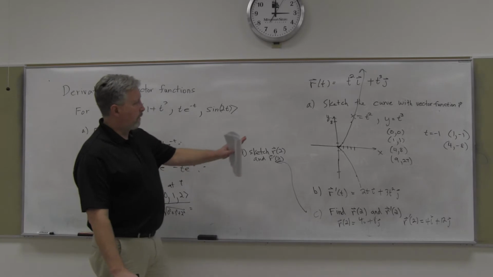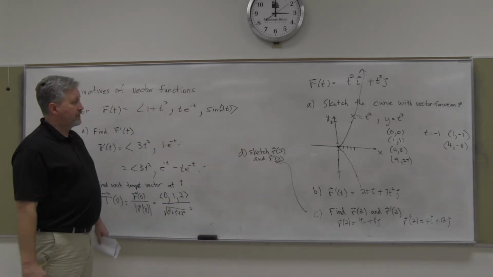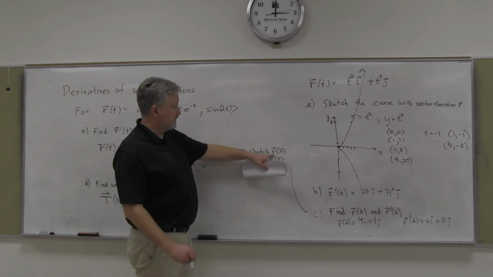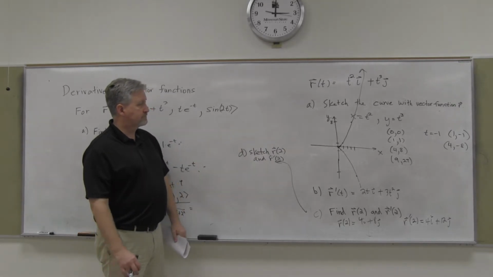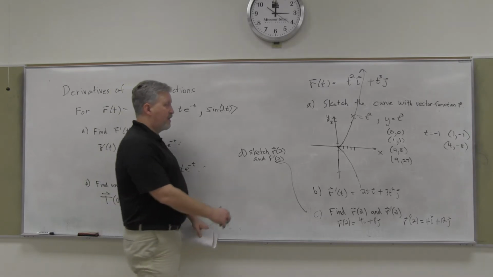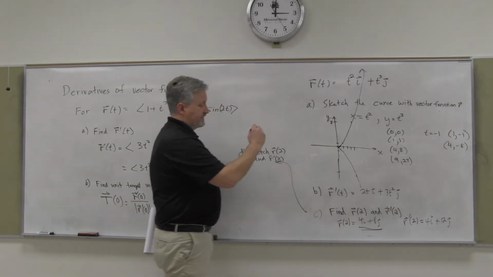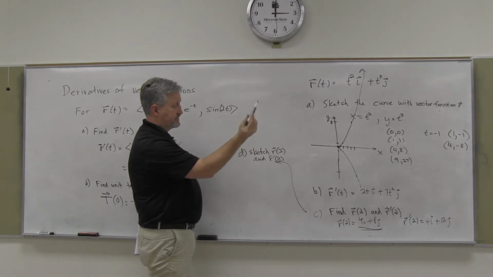So r of 2, that's just going to be your position vector when t is 2. It's this vector, where the i component's 4, the horizontal, and then the vertical component's 8.